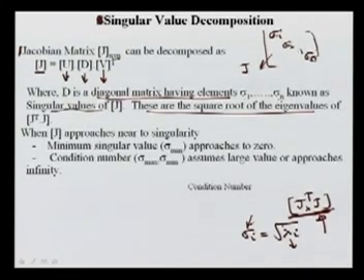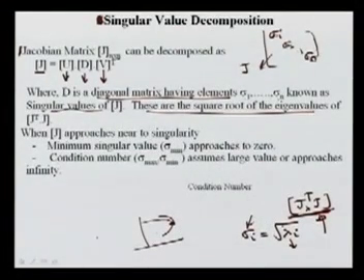When J approaches near to singularity, let us suppose for a radial system, the Jacobian becomes singular. This point is the singular point where the determinant of the Jacobian J becomes 0, which means it is rank deficient. So the minimum singular value, sigma n, what will happen?